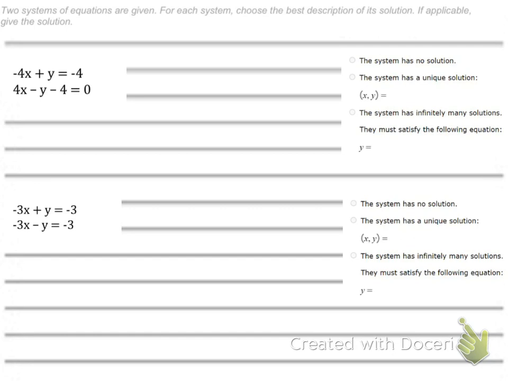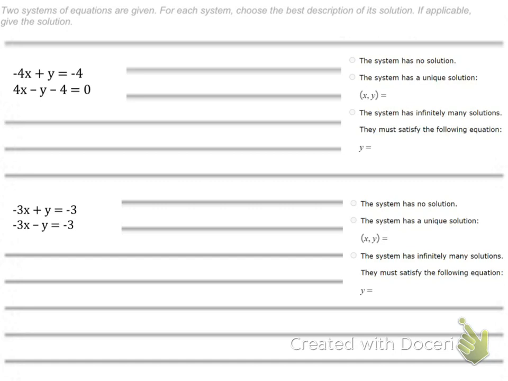So it says choose the best description of the solution. If applicable, give the solution. Okay, so notice we have no solution as a choice, we have a unique solution as a choice, and we have infinitely many, and then we tell them what it must satisfy. The first thing I notice on this first one is the bottom equation doesn't have the constant on the right, right?